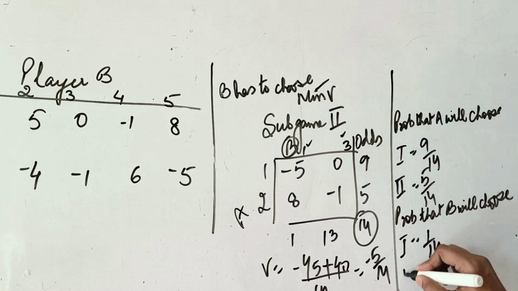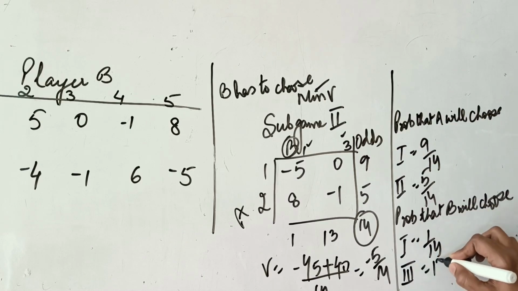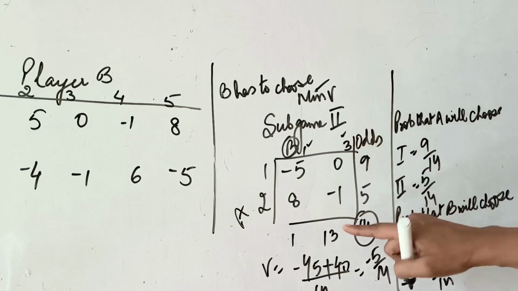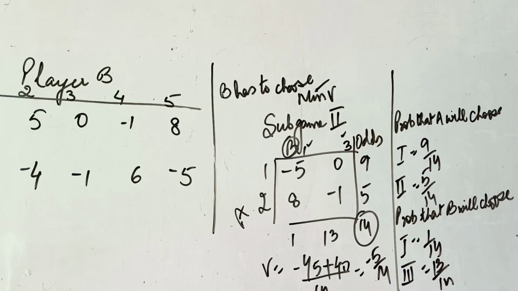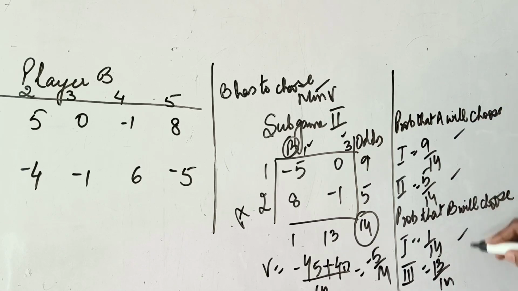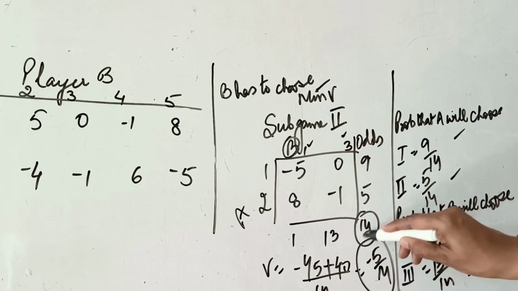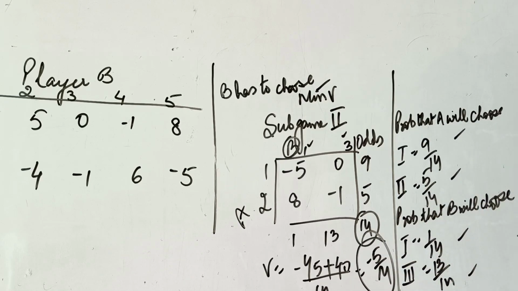B will choose the third strategy: 13 by 14. Then B will choose the fourth strategy: nil. Fifth strategy: nil. So these are the answers of the probabilities that we will be showing. This is our value of the game and these are the values of the probabilities. So this was about the subgame method.